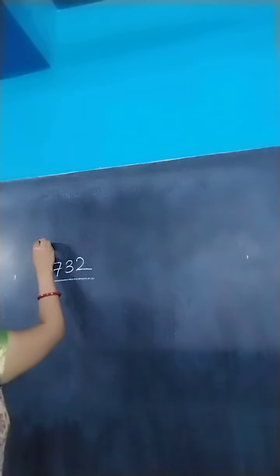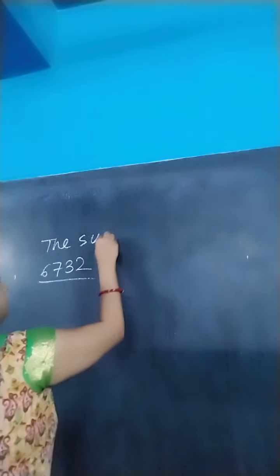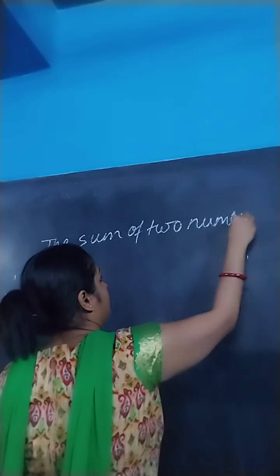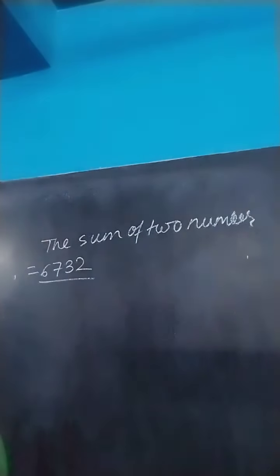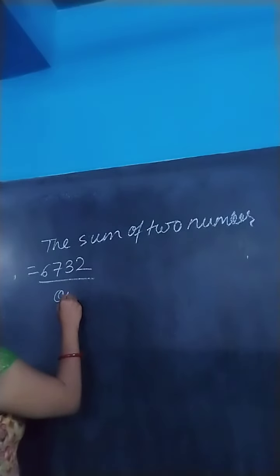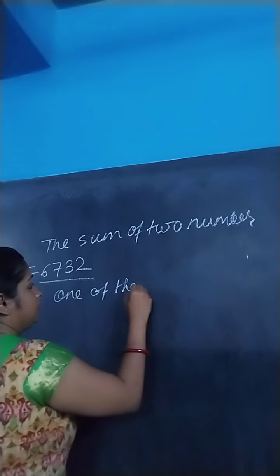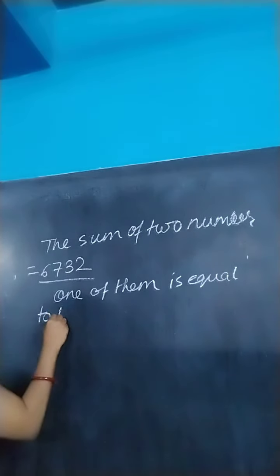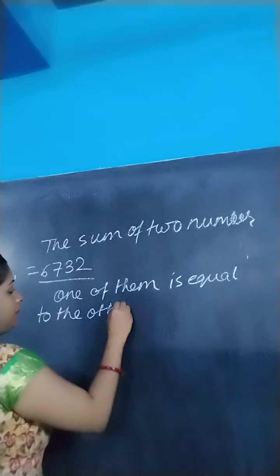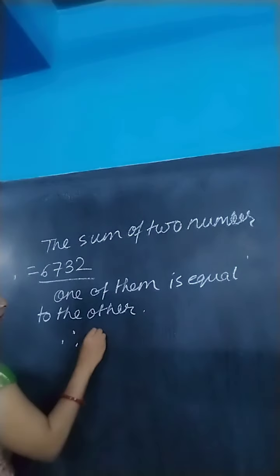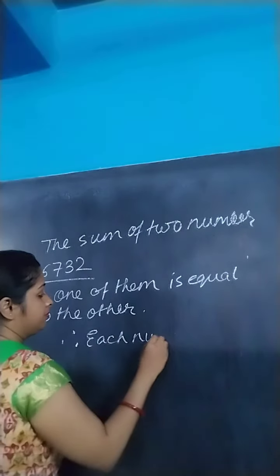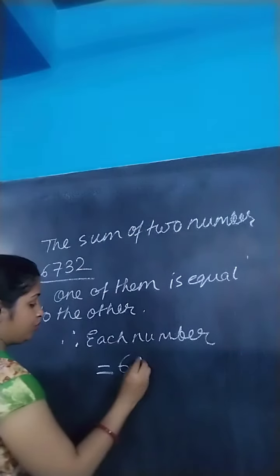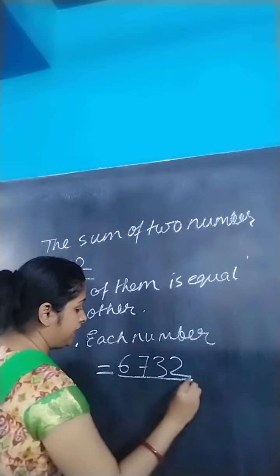You have to write: the sum of two numbers is equal to 6732. One of them is equal to the other, therefore each number is equal to 6732 divided by 2.